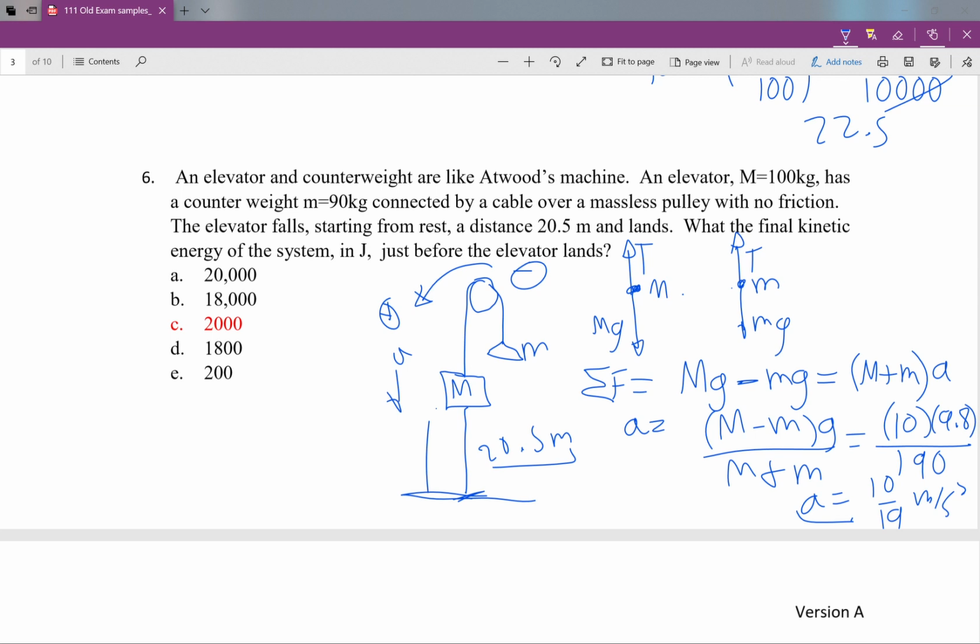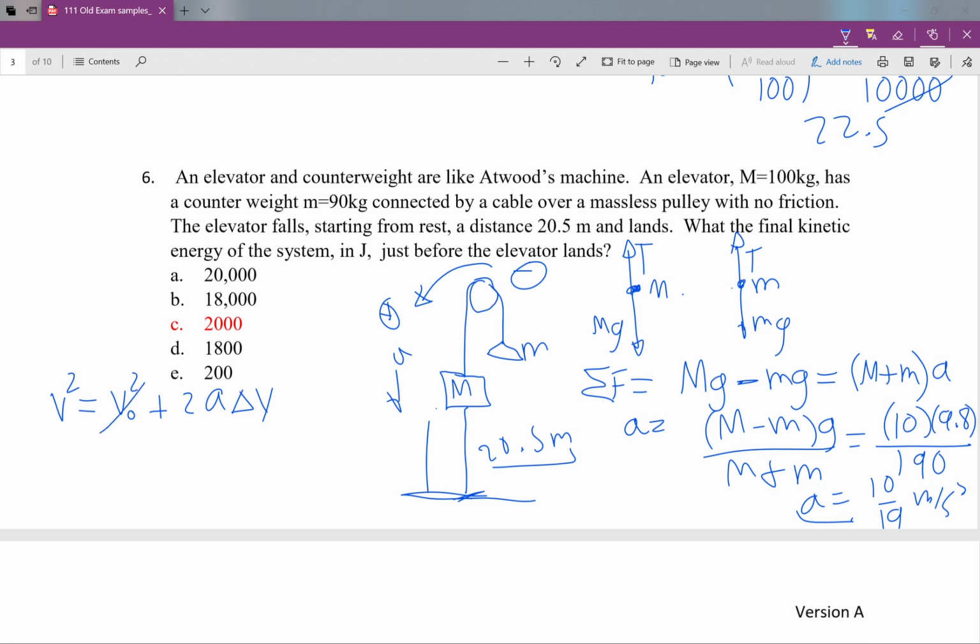So that sounds like the third kinematics equation, which says that the final velocity squared equals the initial velocity squared plus 2 times the acceleration times the change in distance. In this case it's vertical distance, so it's delta y.